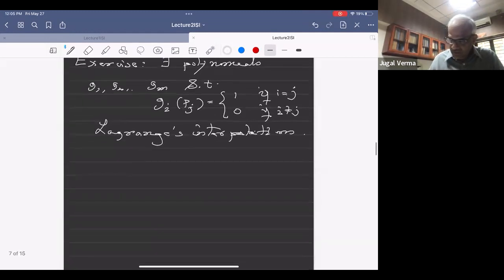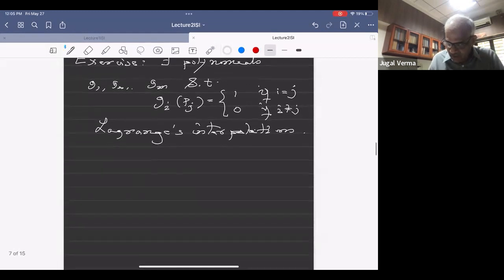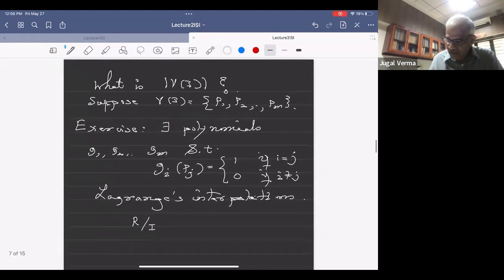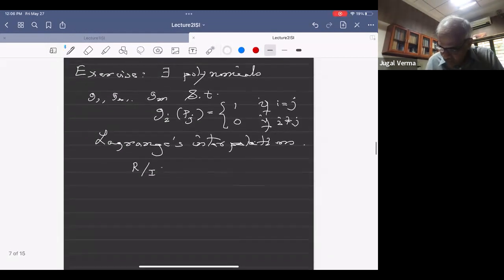Now we want to estimate the dimension of R mod I. What is the number of solutions? Suppose I have these distinct solutions P1, P2, up to Pm.